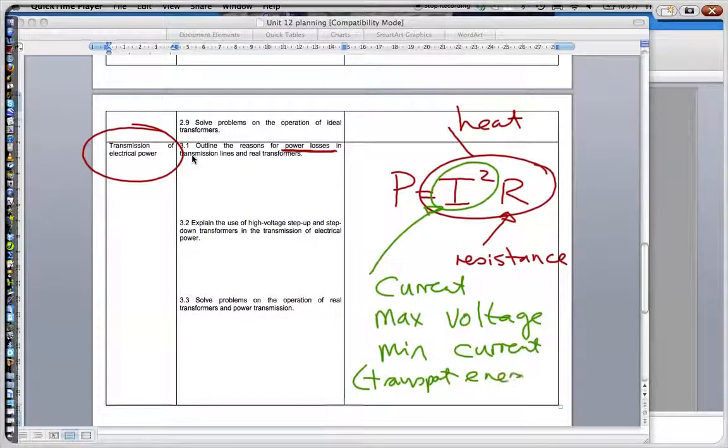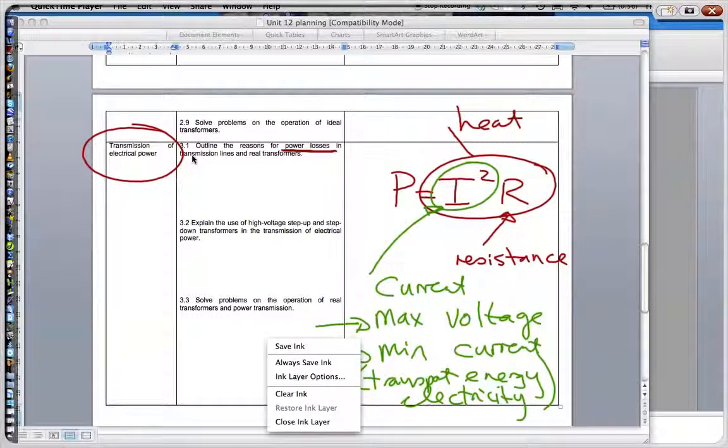When you transport energy using electricity, you try and do it with a maximum voltage, a minimum current. And so at the start off, you would use what we call your step-up transformers.